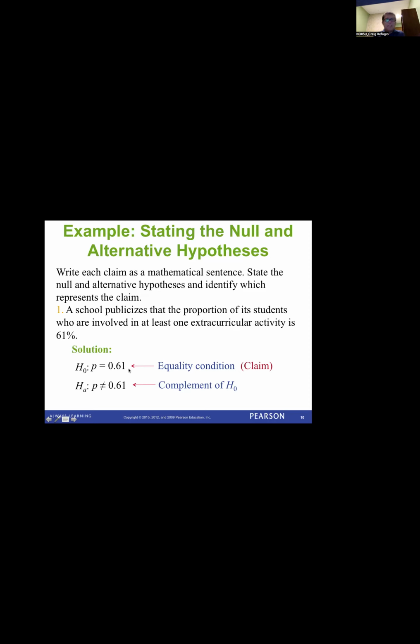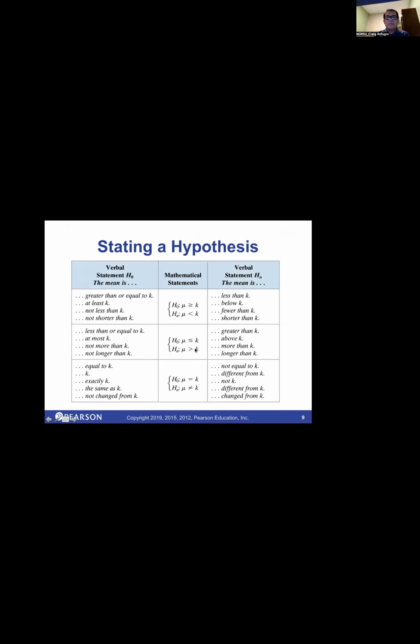But take note that in the preceding, if you are going to have this statement, equality, mu is equal to k, that represents H0. Or mu less than or equal to k, that represents H0 also. If H0 is mu greater than or equal to k, then that is still H0.